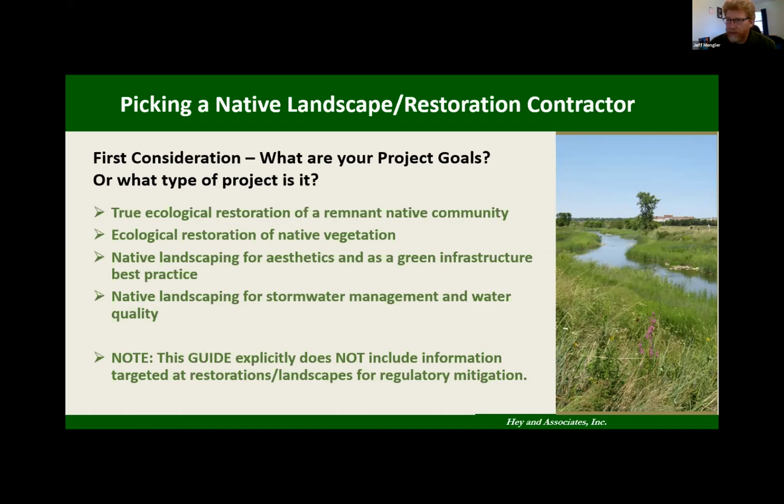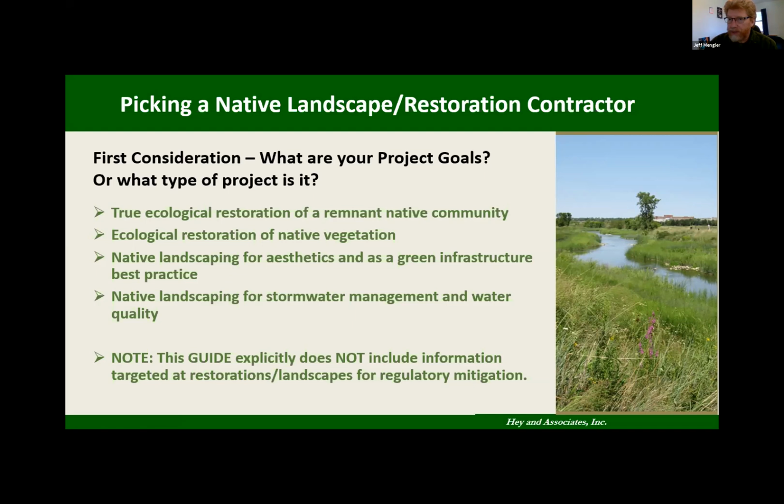In other cases, it may truly just be native landscaping for aesthetics. But Bill mentioned green infrastructure, best management practices. It's all important, but it's a key consideration to know what your project goals are, because then that helps you set the appropriate performance standards and what you're going to expect of a contractor you might hire to help you install it or to maintain it.